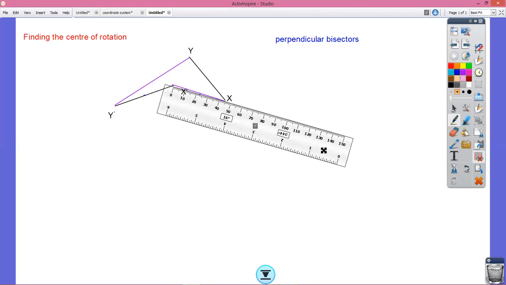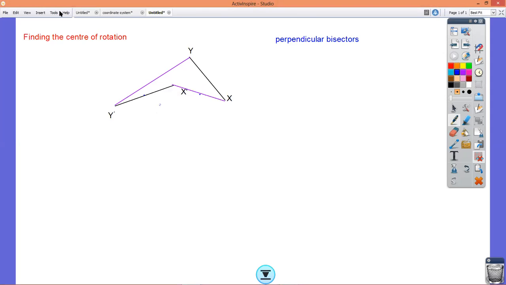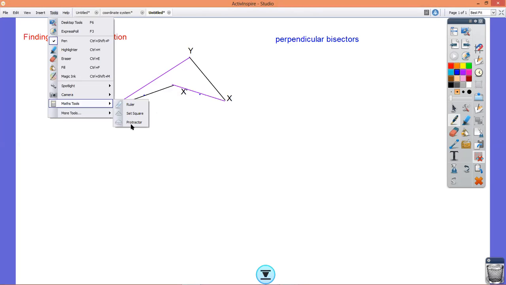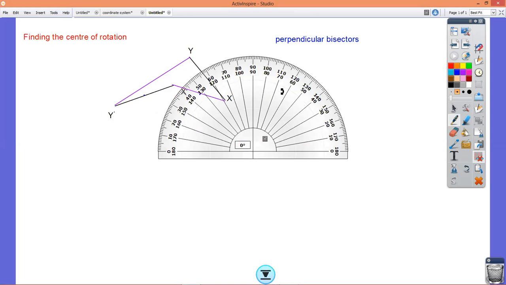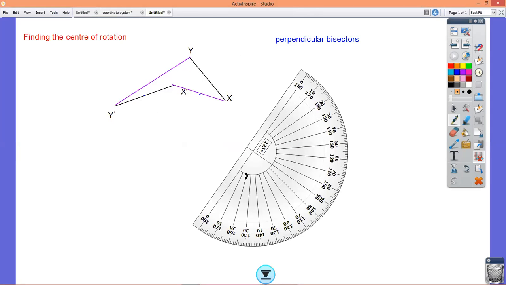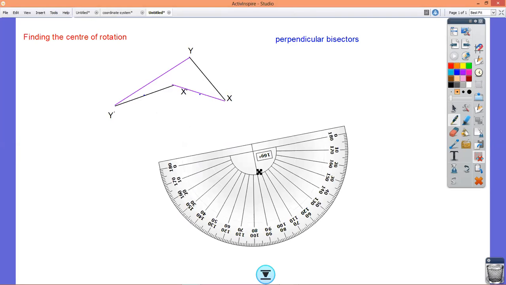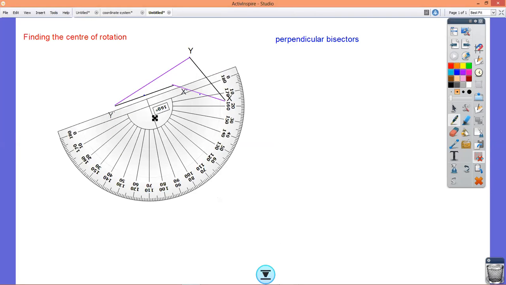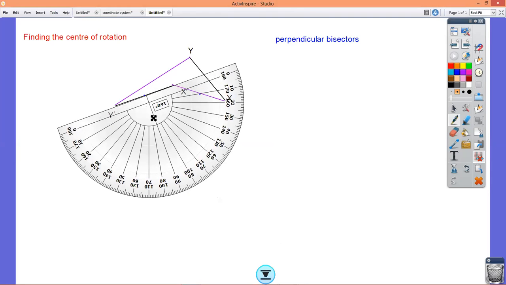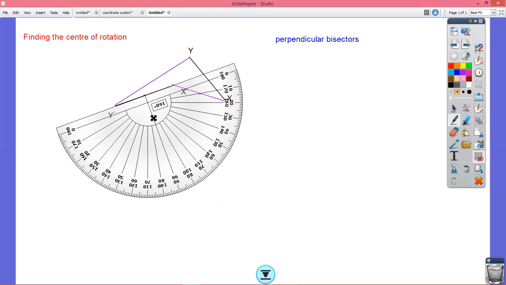Now let's take this one and let's draw with the protractor. From this middle, I am going to draw here.